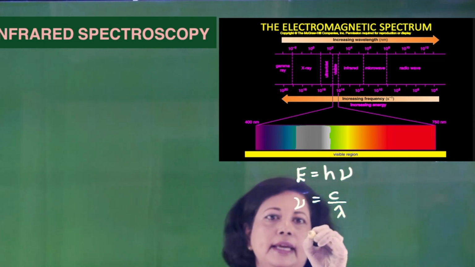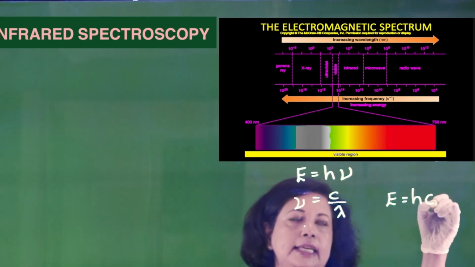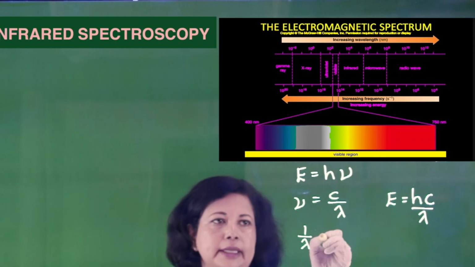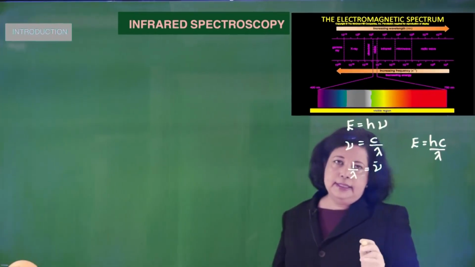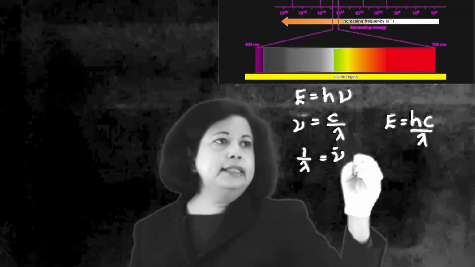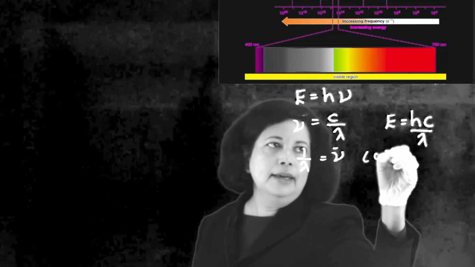And we can write energy is equal to hc over lambda. But 1 over lambda is called wave numbers. So let's say lambda is measured in centimeters, then wave numbers is going to be centimeter minus 1.